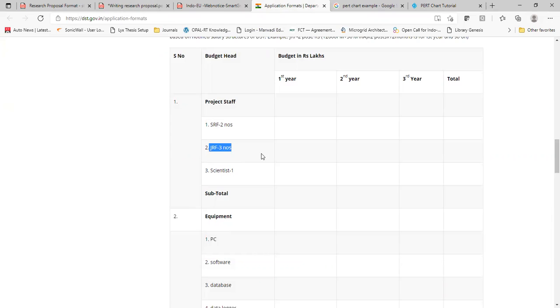Then there will be a scientist. Will all of them be hired for all 3 years? It may not be possible. For example, you may hire an SRF for the second and third year only, a JRF for all 3 years, and a scientist only for the second year. That is possible.